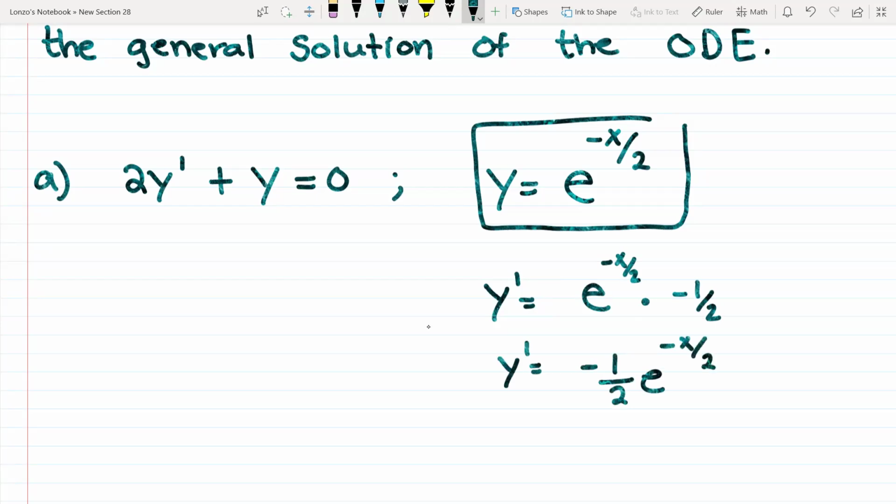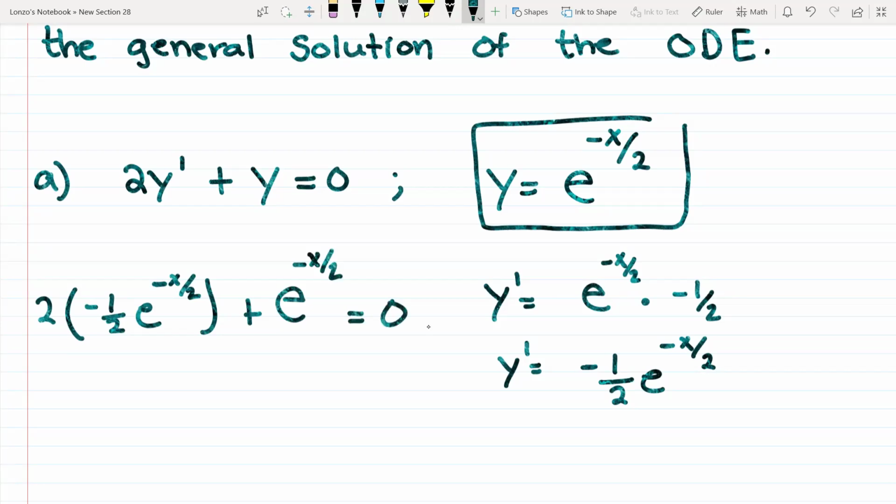Okay, so now let's check. It's 2, and then you replace y prime with this whole thing, plus y, which is e to the negative x over 2, equals 0.